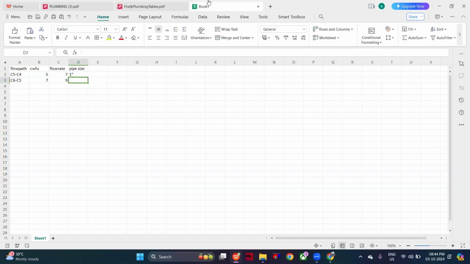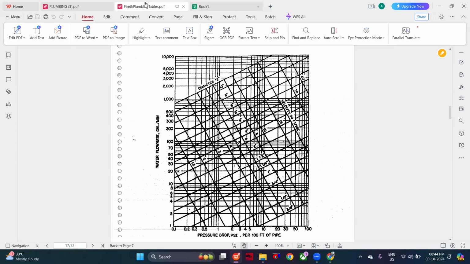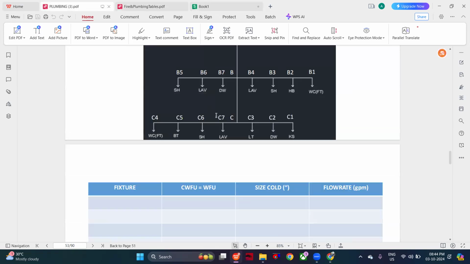So the same pipe size is needed, 1 inch. So this is how we do our pipe size. Understood? We can do other things.